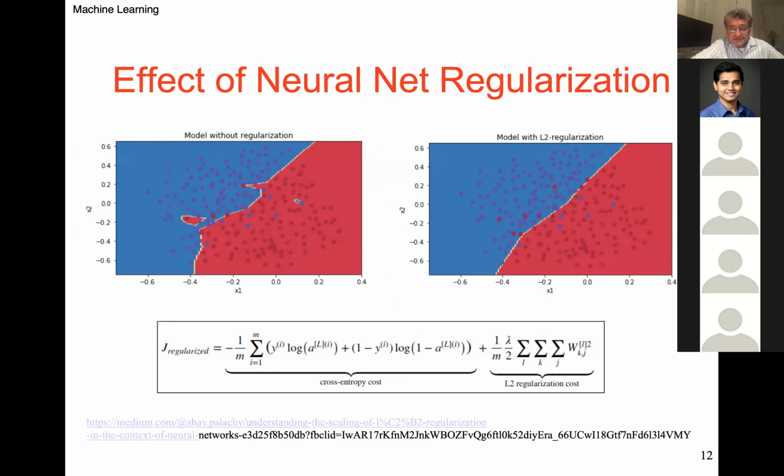Effect of neural network regularization. It's a classification problem we are doing, right? It's red and blue. We just talked about the presidential election, and we are trying to determine whether any new input is red or blue. If you model without regularization, it can be pretty complicated here: the red island over here, the blue island over here, and all that.